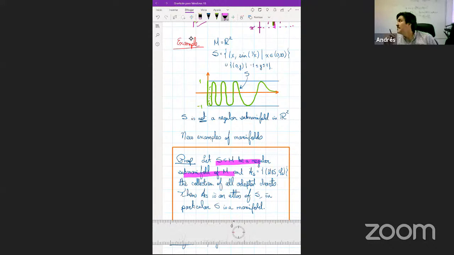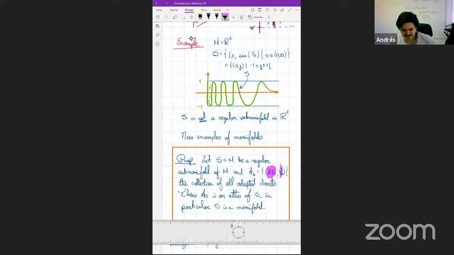So, okay. So now, we consider the set of all adapted charts. So U was a nice chart on M, and then I restricted. I have an adapted chart.